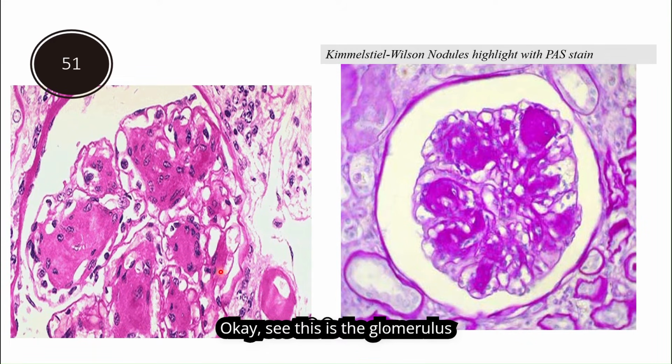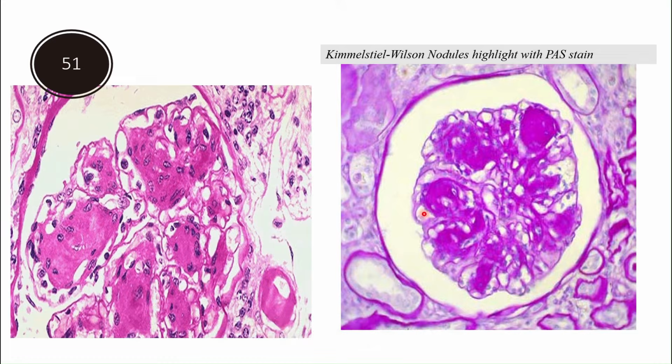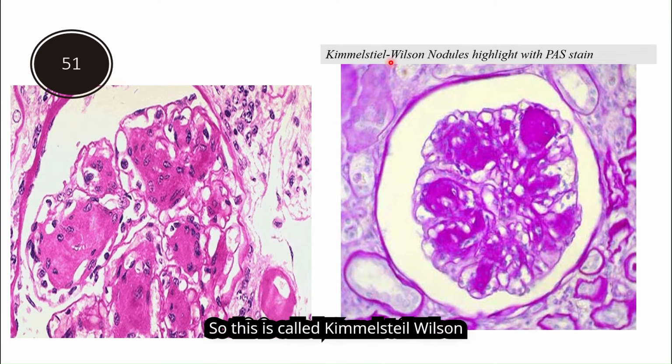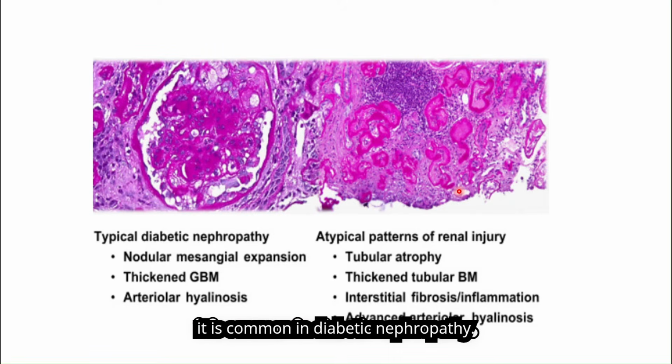Okay, see, this is the glomerulus showing some mesangial proliferation in the nodular form, and vessel wall shows hyalinization. This is a PAS stain highlighting this nodular appearance of matrix proliferation. So this is called Kimmelstiel-Wilson nodule, and it is common in diabetic nephropathy.